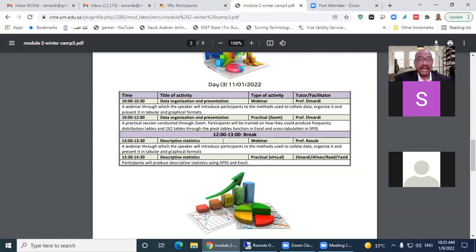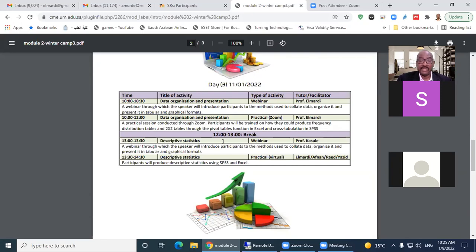And by the way, they are in Lab 1, and my office is in Lab 1, and also Professor Kasuli is ready to help if anybody has got any problem. Also, we have our colleagues, Afnan al-Shihri, Raid, Hamarna, and Yazid. They are all willing to help you if you have any problems.